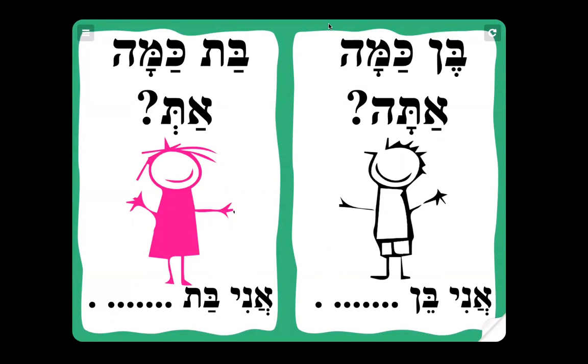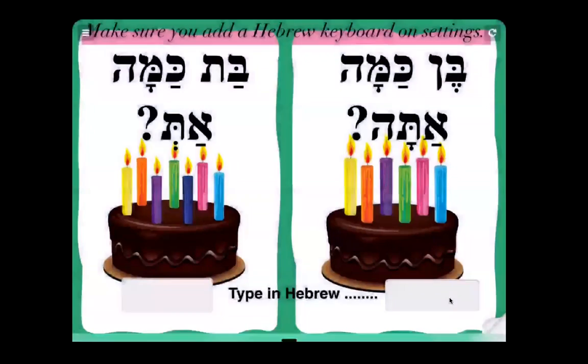I'm sorry, I'm going to have to stop sharing and sharing a few times today, I see, because I need you to be synced with what I show you. Okay, so in this screen, for example, the child has to count the candles and write the number in Hebrew.